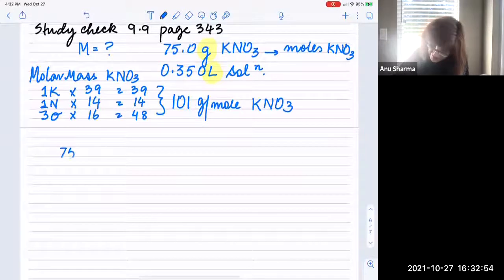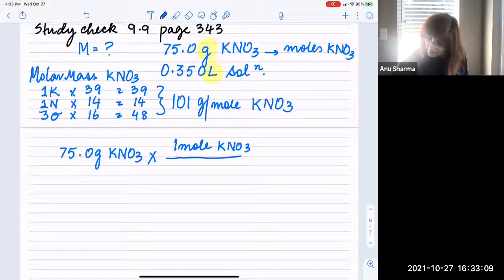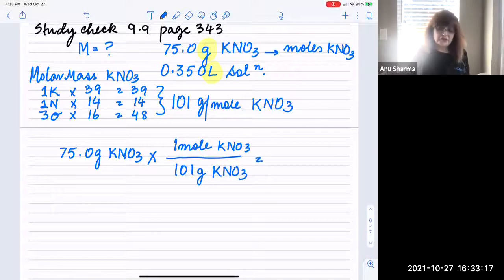So 75.0 grams of KNO3 times 1 mole of KNO3 by 101 grams of KNO3.